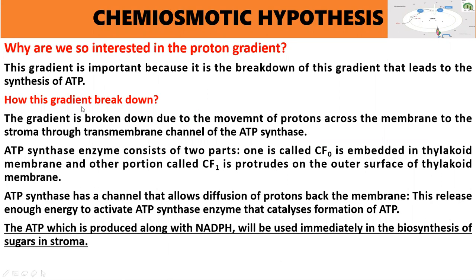How does this gradient break down? The gradient breaks down due to the movement of protons across the membrane to the stroma through the transmembrane channel of the ATP synthase.